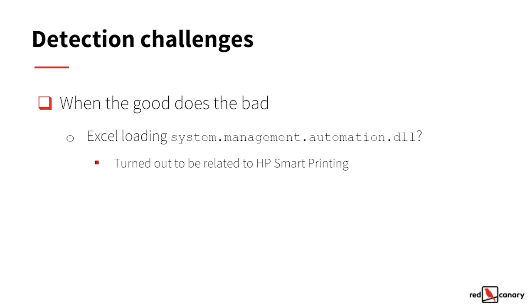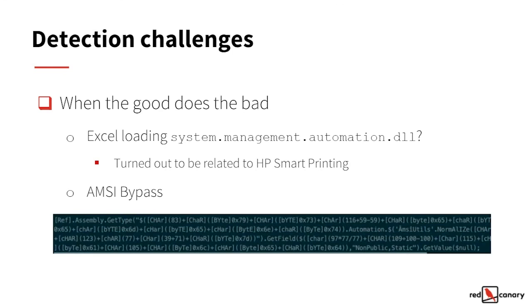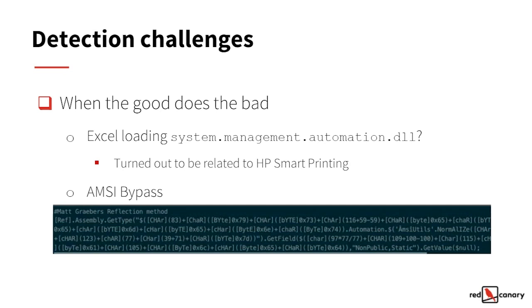And then this one, a fun AMSI bypass. Here, this is something that I would look at and say, this is completely malicious. Not a doubt in my mind. Look at all that obfuscation, right? But then there's a comment, and it's Matt Graeber's reflection method.